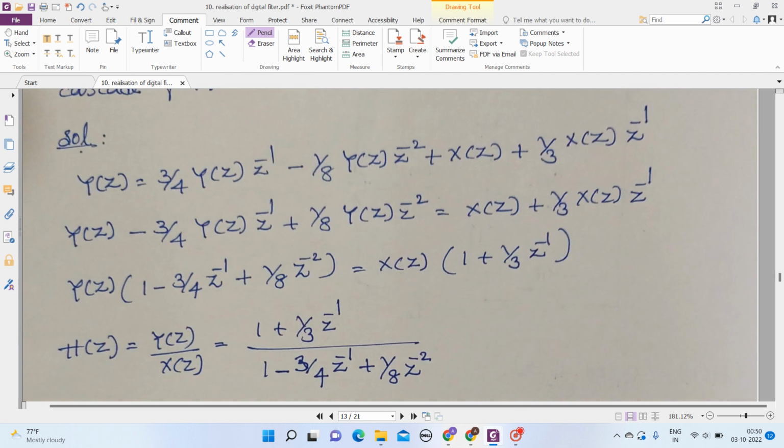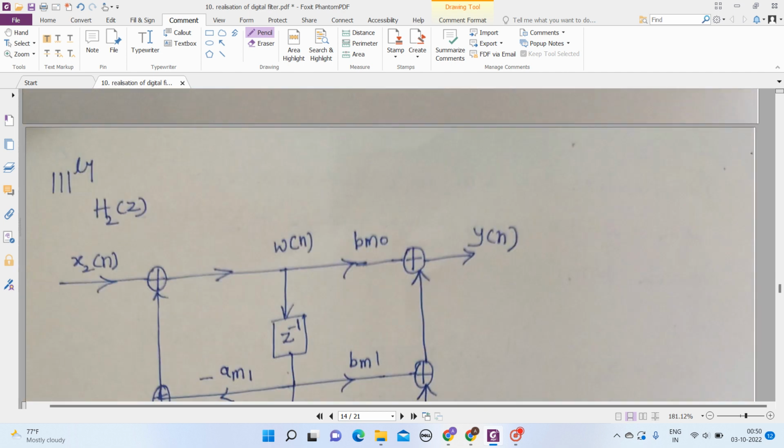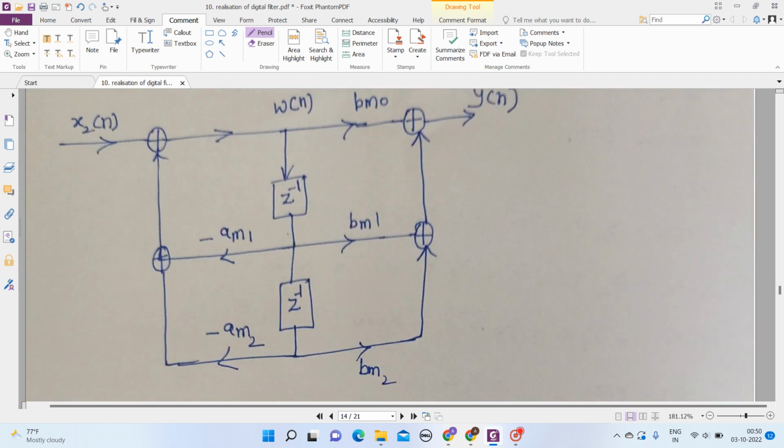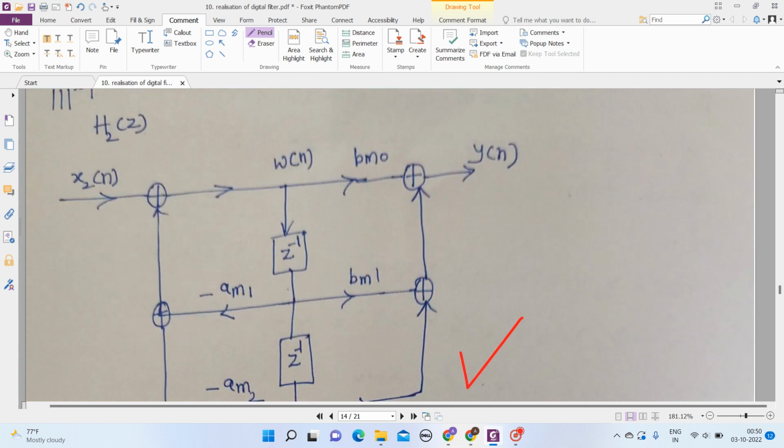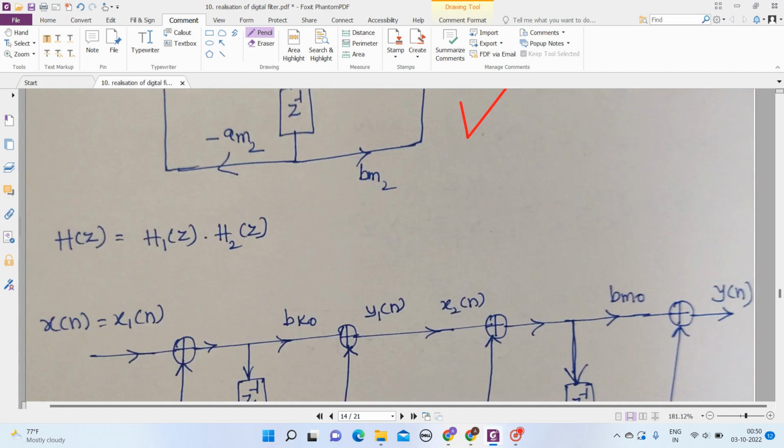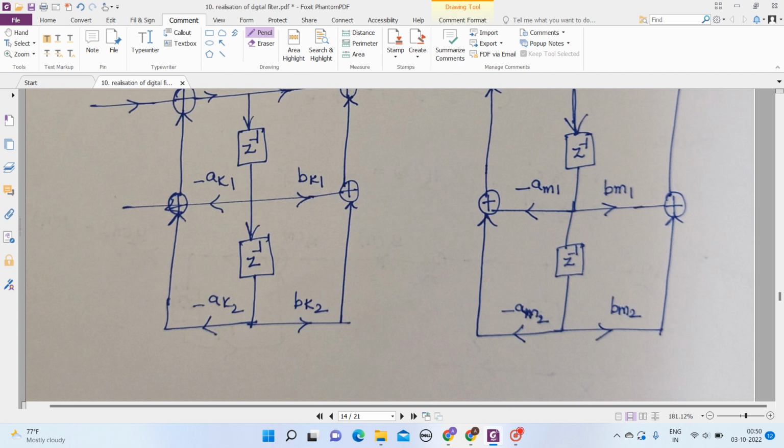Similarly, you have to draw the structure of H2 of z. After that, you have to combine H1 of z and H2 of z. This is my H1 of z structure, and this is my H2 of z structure.